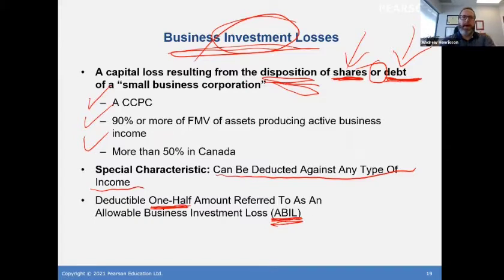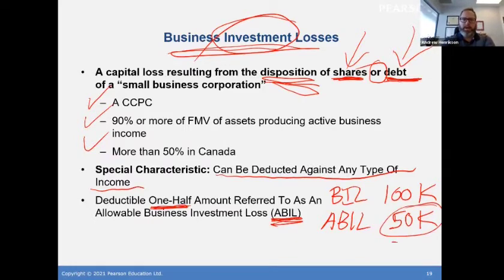So if somebody had a business investment loss of 100K, that, if it qualified, all of these things, that would give them an allowable loss of 50K. That 50K could be applied against any other source of income.